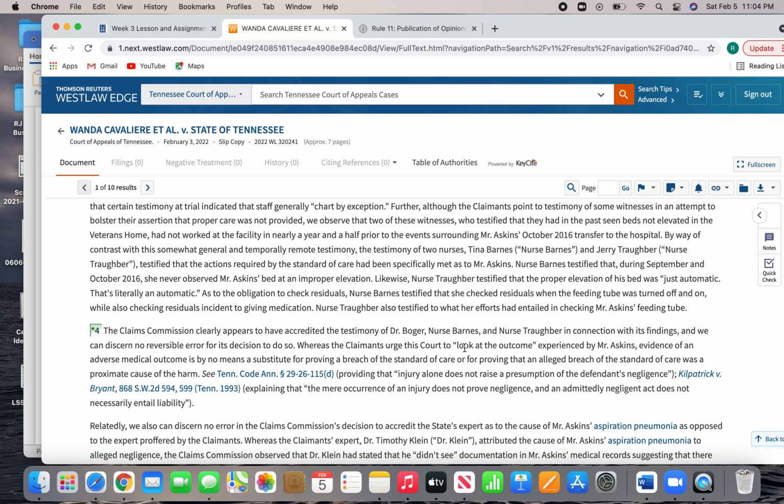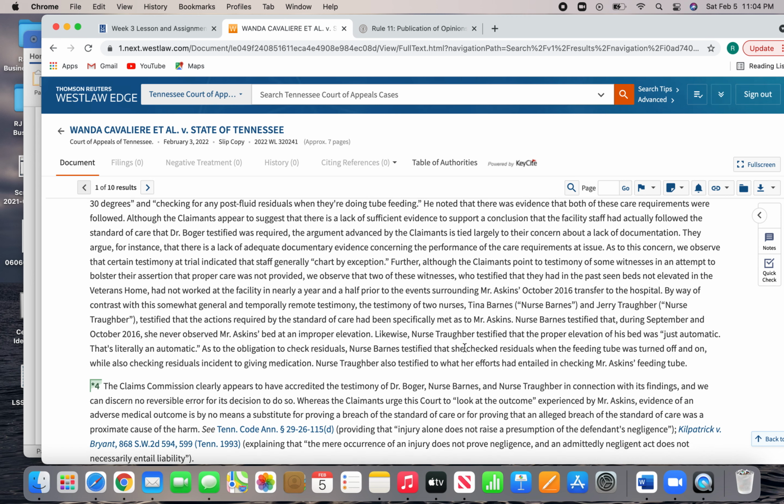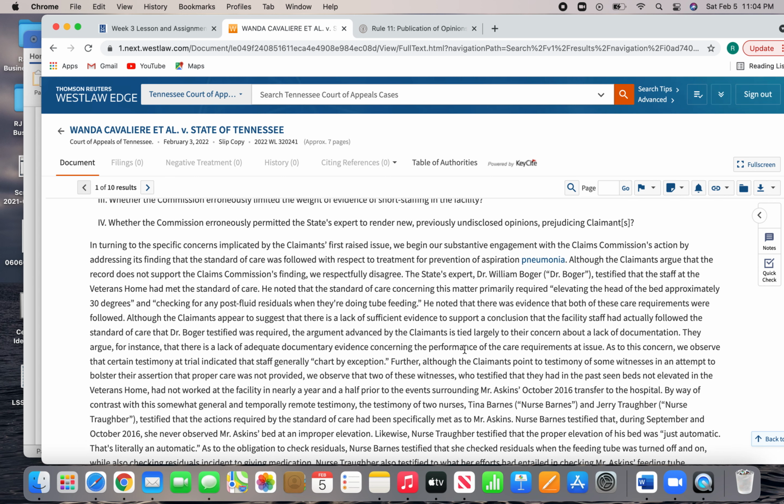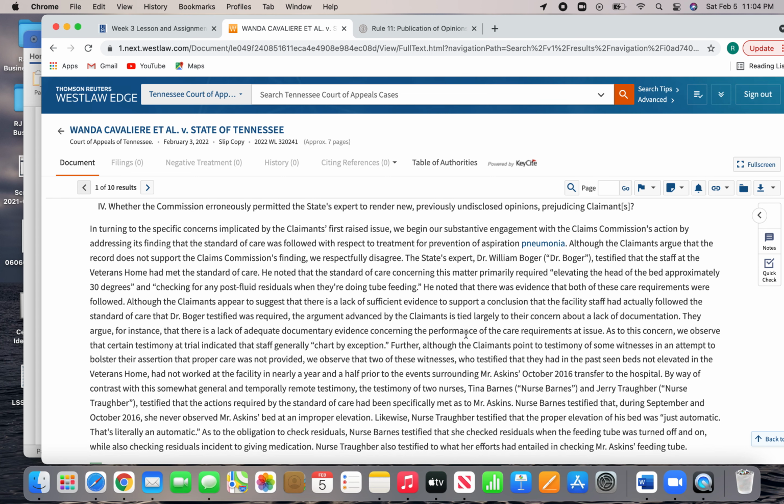So pretty much what they're saying, even with the witnesses and the staff that were there, no one saw any ill treatment. When they come to the veterans home, it's similar to hospice care. You can only do as much as you're able to do, even if you're short-staffed or overstaffed or whatever. The outcome is still going to be the outcome. That is pretty much what they were saying on the defendant's end.